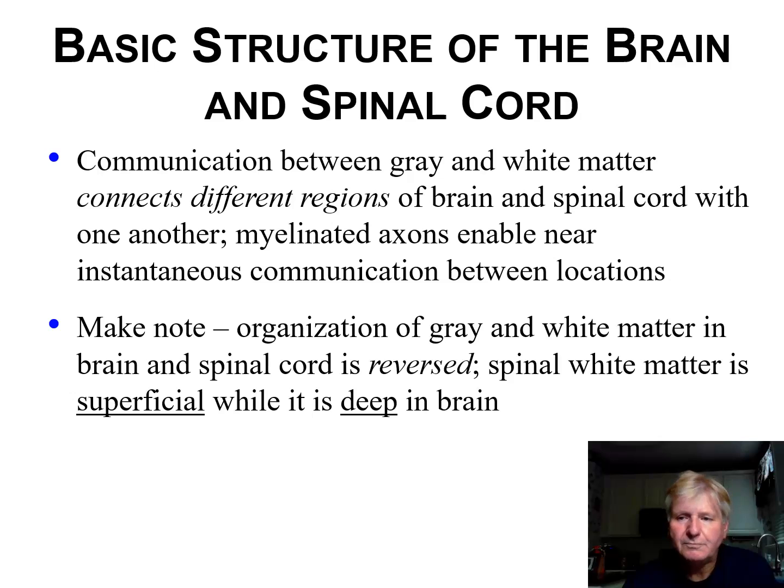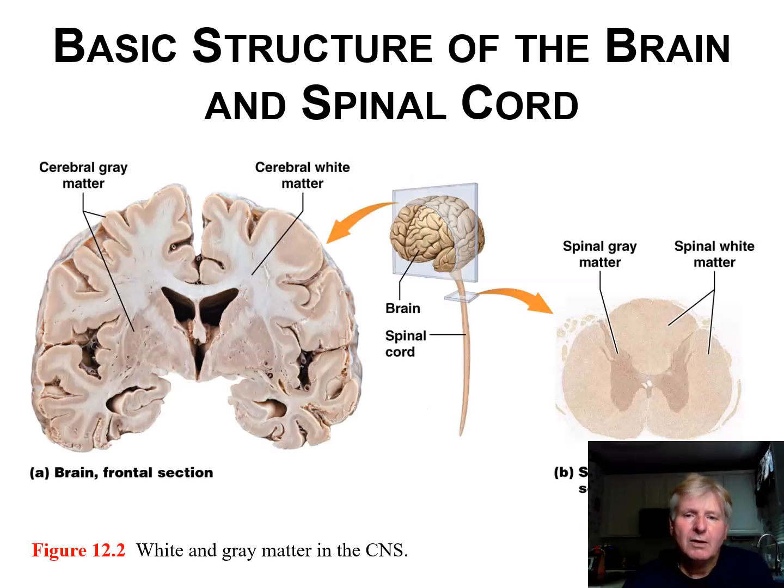So here's a cutout showing you the brain in frontal view, with the white matter on the inside and the gray matter in the superficial area. You can see the cutout on the right, where you can see the spinal cord in transverse section, the gray matter being on the inside of the figure and the white matter on the outside.